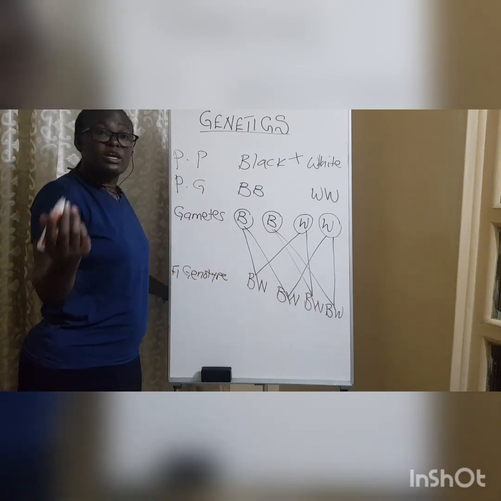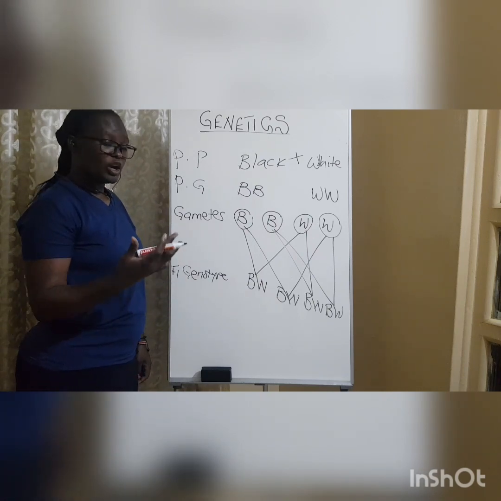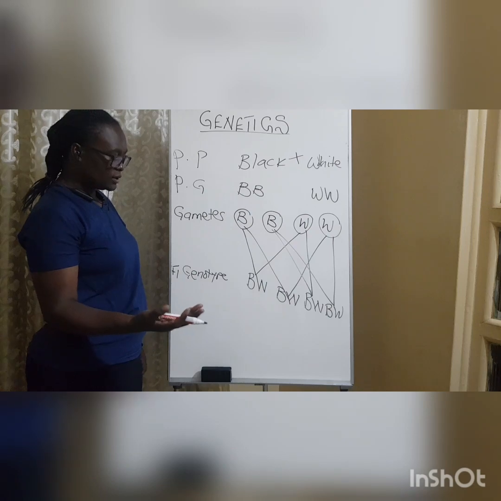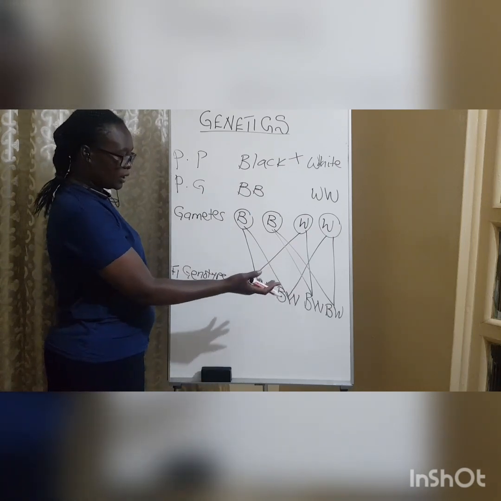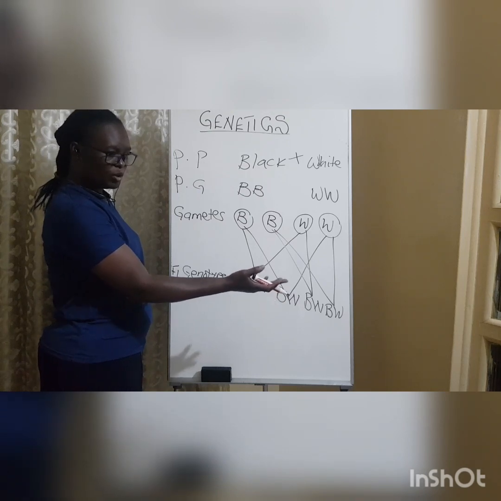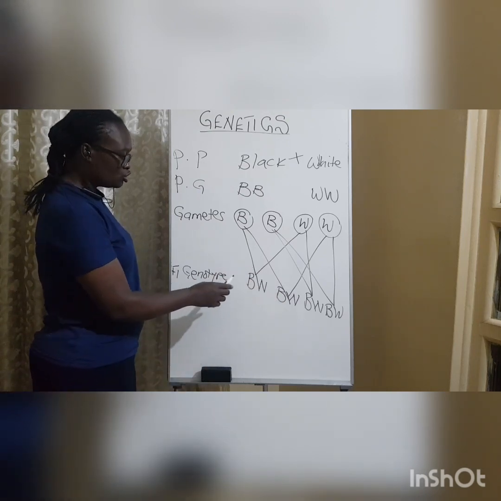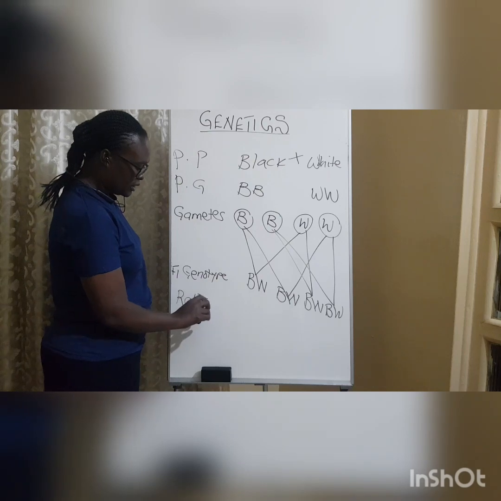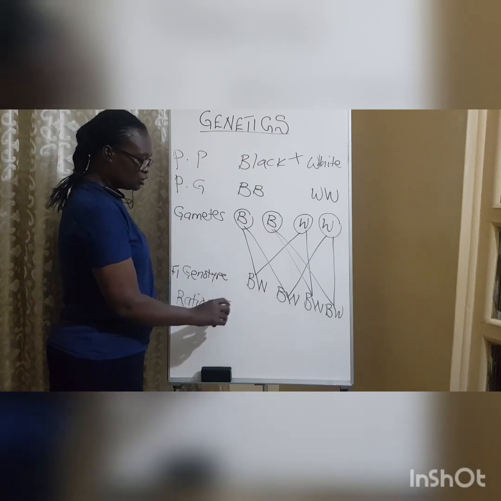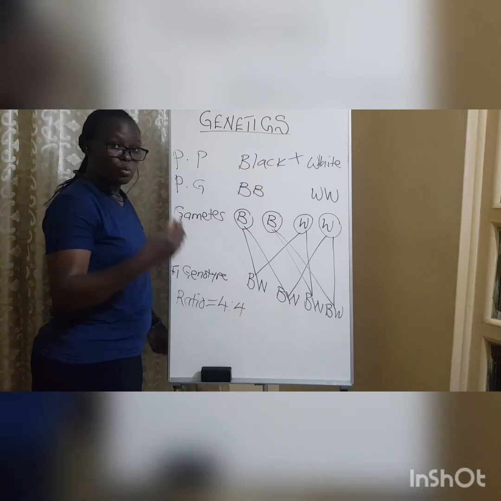So sometimes they can ask you in the exam, what is the ratio of the offspring being roan? So as we can see, all the four animals that they got, all of them are roan. So we will say the ratio, remember the ratio in mathematics. So this is 4 to 4, isn't it? 4 to 4. We can round off.